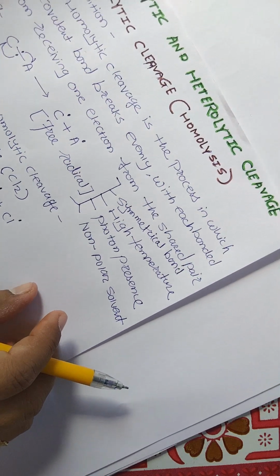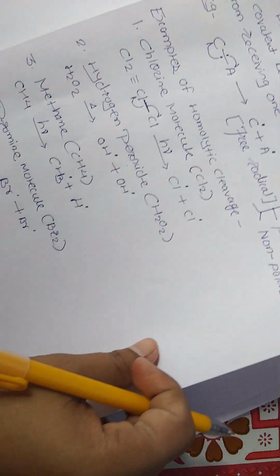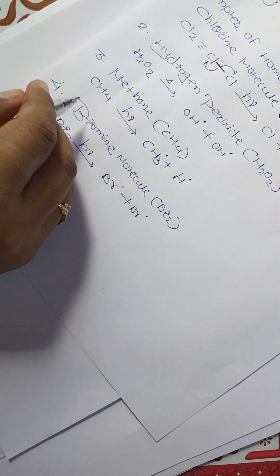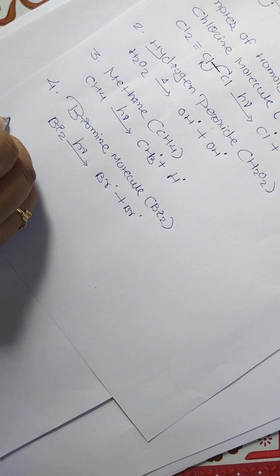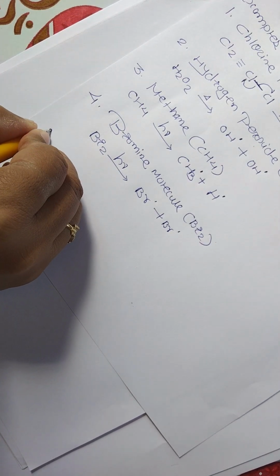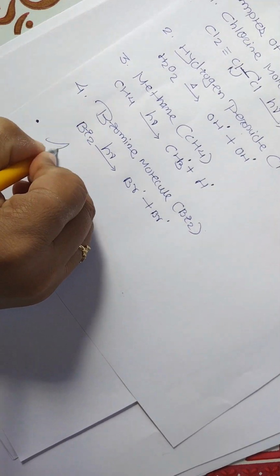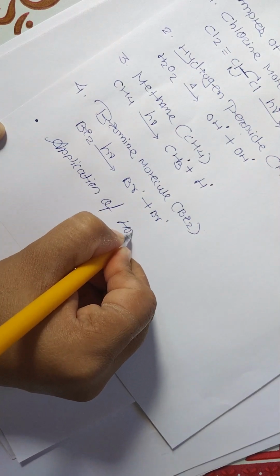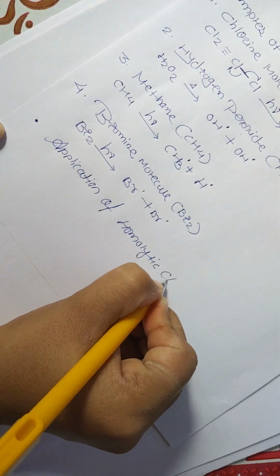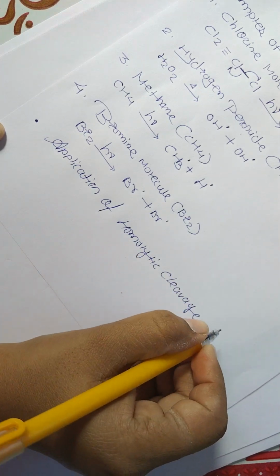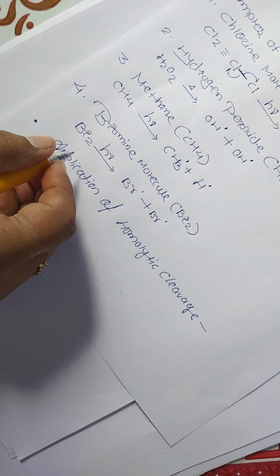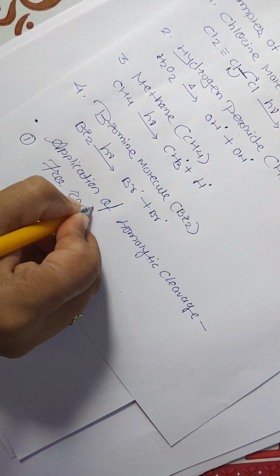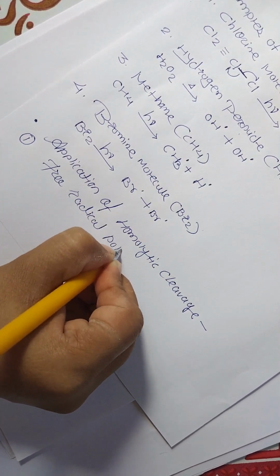Okay. Then we are going to see the application of homolytic cleavage. So the first application is free radical polymerization.